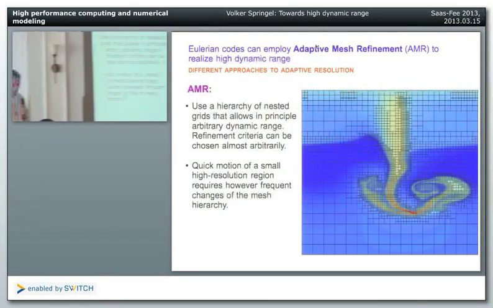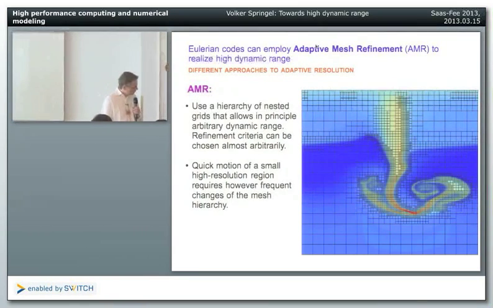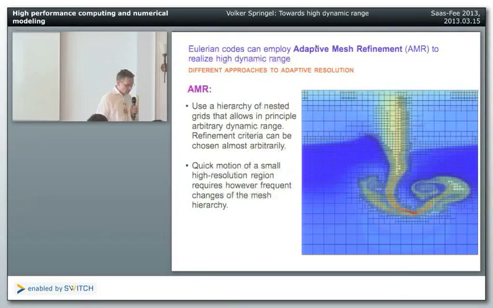So that you don't lose too much of this information. So I think this is a challenge, certainly for AMR grids, that they suffer here also from the same advection problems that we discussed yesterday, which are quite apparent if you have these well-resolved things moving with high velocities through space.